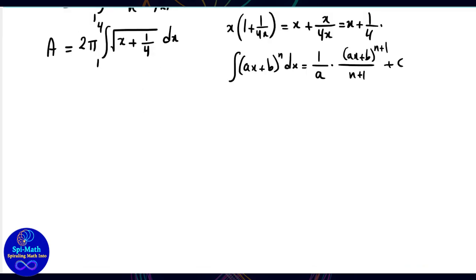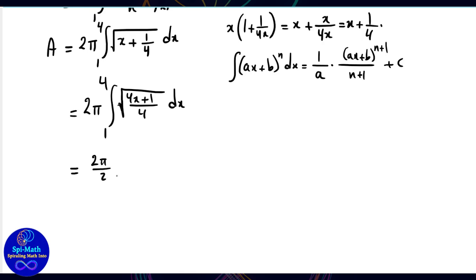If you don't like to deal with the fractions, you can write this integral in a simpler way. It can be written as 2 pi integral from 1 to 4 of radical 4x plus 1 over 4 dx. And here the radical can be distributed over the fraction to give us 2 pi over 2 integral from 1 to 4 of radical 4x plus 1 dx.